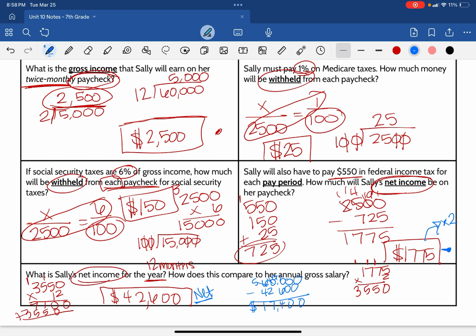Okay, let's write this down. She pays $17,400 in taxes. And this is just the income tax that comes out of her paycheck. You're going to pay other taxes on other things, goods and services throughout the year.